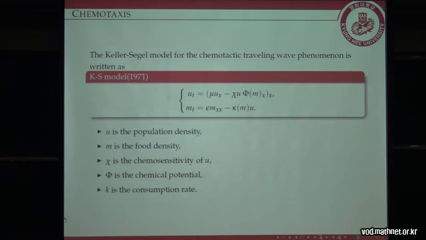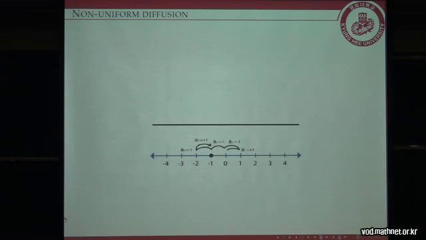For this model, they obtained a traveling wave solution. So this is our starting point. It contains some uniform diffusion and some kind of chemotactic term. So this is our main idea.